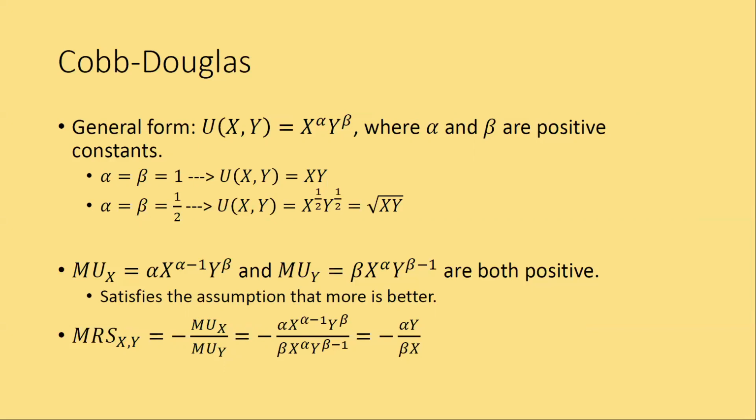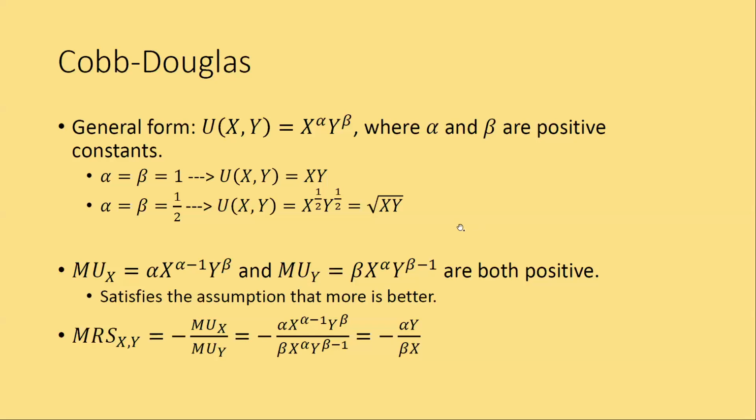Always remember, alpha and beta are just constants which you will be told in the question. We also see that this marginal rate of substitution depends on both the amount of X and the amount of Y that we are consuming.